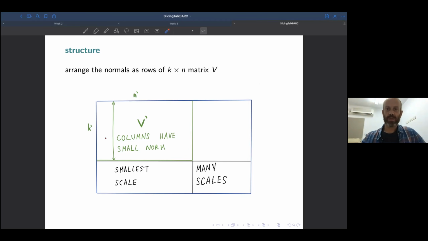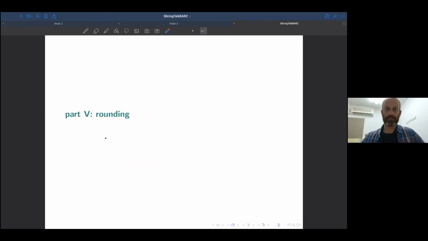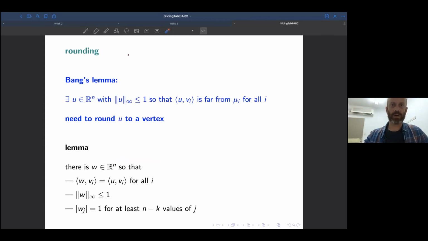Okay. The next part is this rounding, how we take, okay, maybe I will do the picture here. So I remind you the picture from before. We found some vector inside the cube.